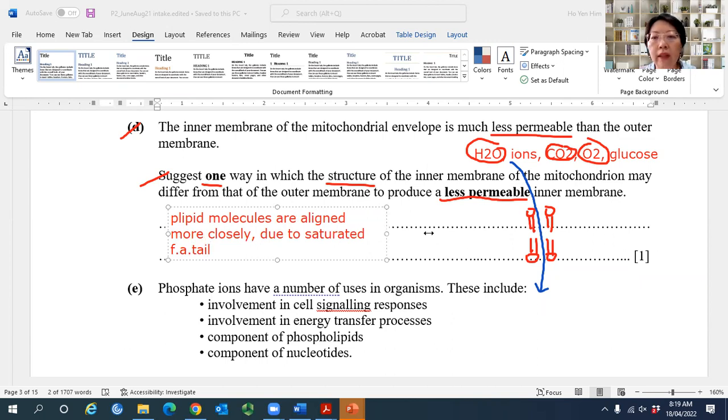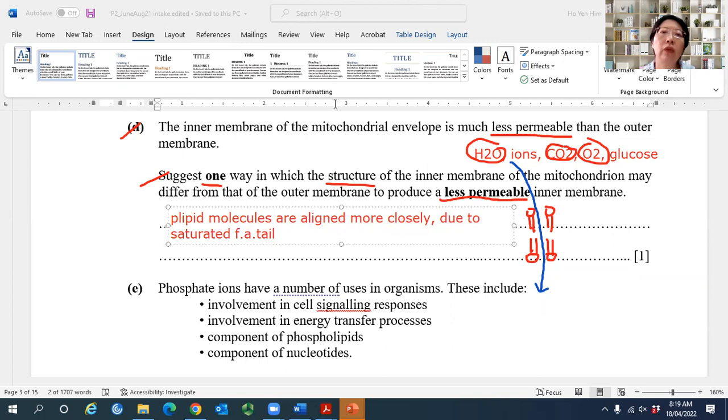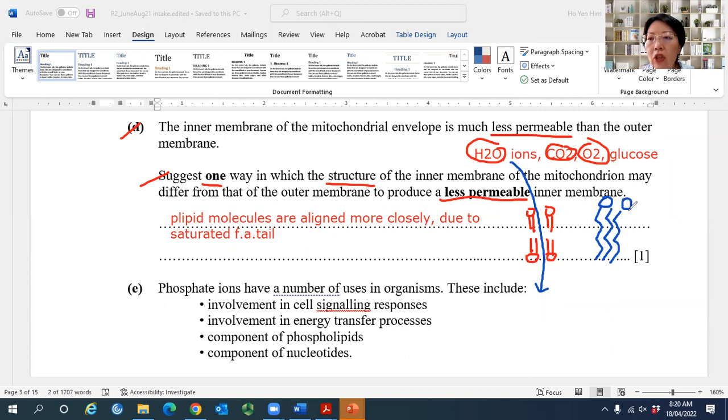You know that the tail can be saturated and unsaturated. It is when the tail is saturated that the neighboring fatty acid tails can align close to one another. So let's say this is one phospholipid molecule, and this is the adjacent phospholipid molecule. Because the fatty acid tails are saturated, they are all closely aligned. Therefore, the gap between these two becomes very small.